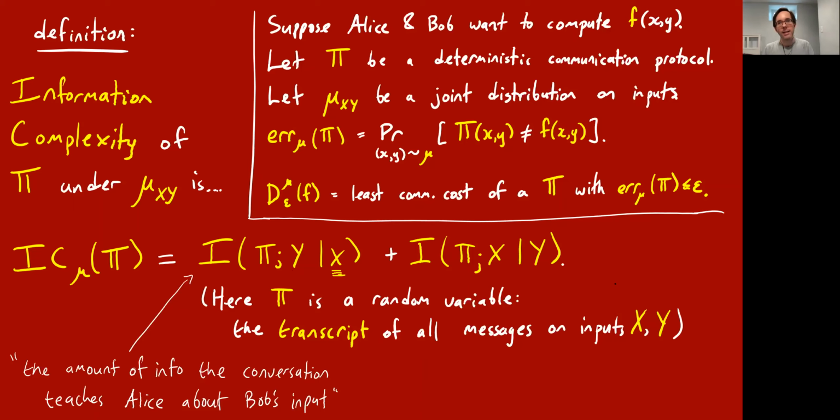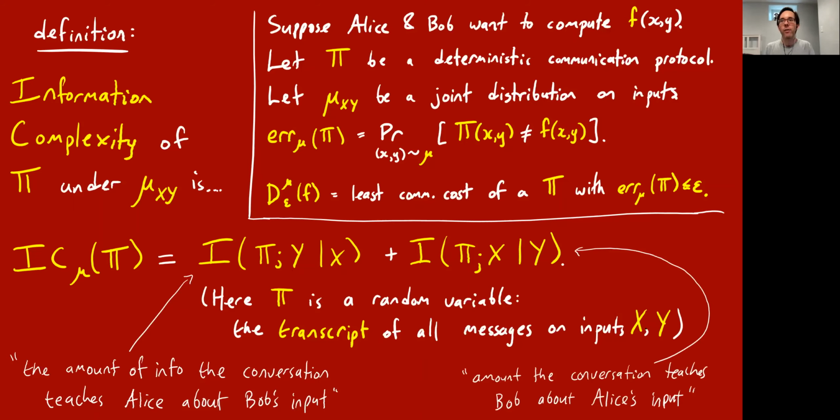Okay, and similarly, the second term is the amount of information in bits that Bob learned about Alice's input at the end of the conversation. And so the information complexity of pi under this distribution is the sum of these two information amounts.